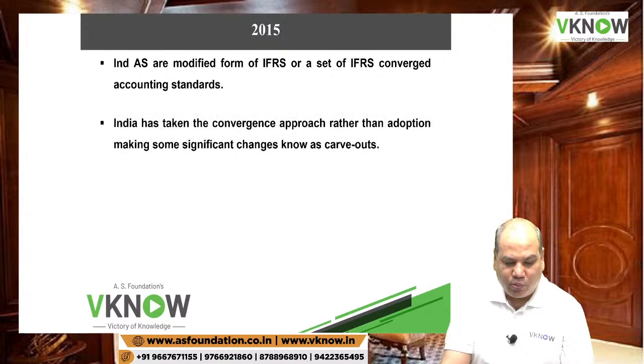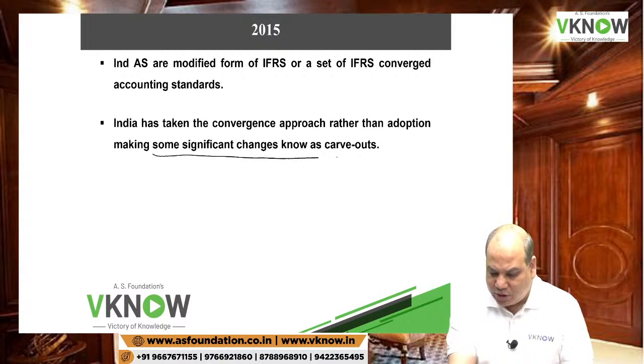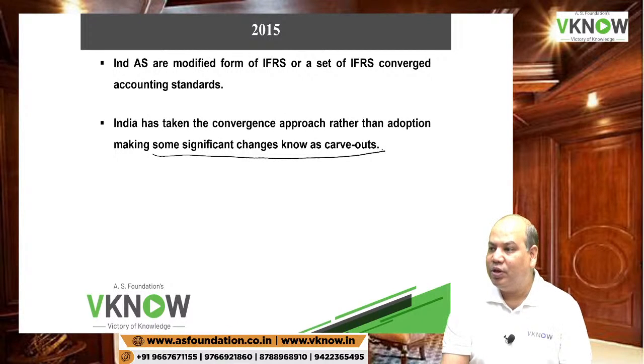Then the question will be, why has India taken the convergence approach and not the adoption approach? Because some changes were required to suit the Indian environment. Is it right? And to help the corporates.